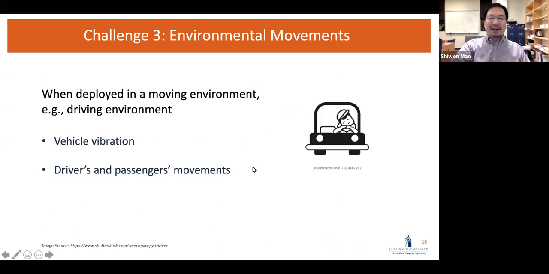Okay, so the next challenge: many RFID applications are indoors, in a very clean, stationary, controlled environment, so it works well. But suppose we are trying to apply such systems in a dynamic environment, like a driving environment in cars.